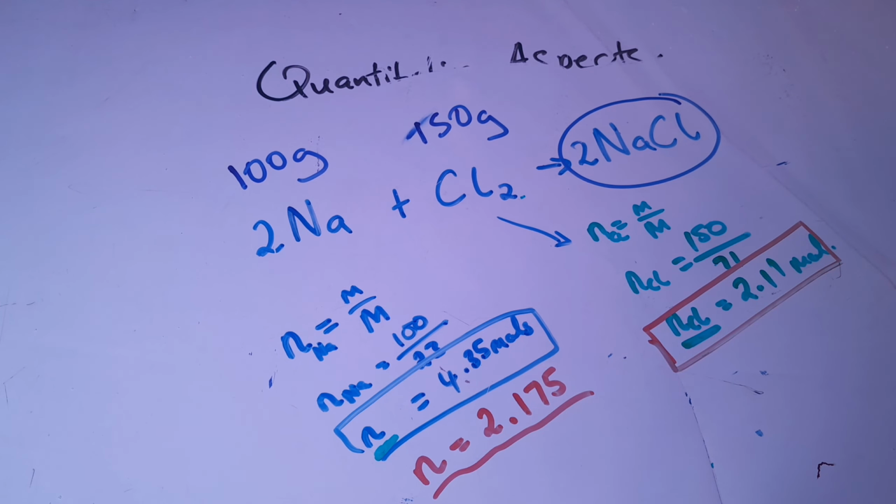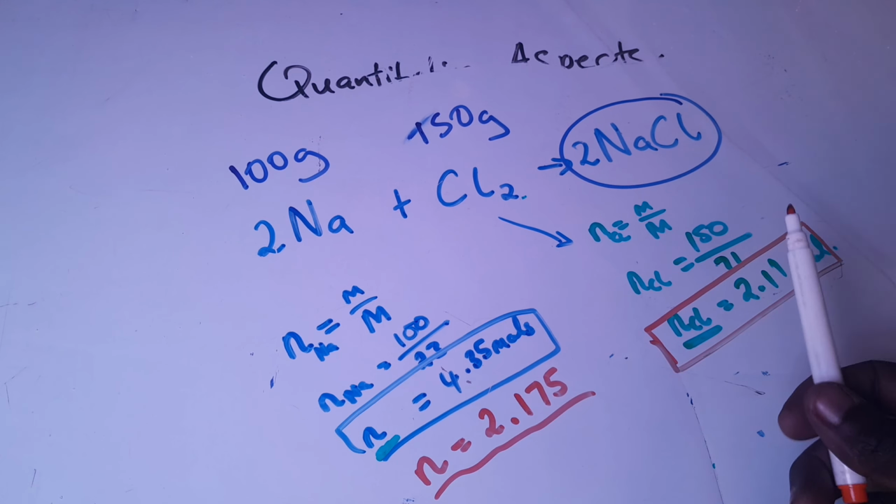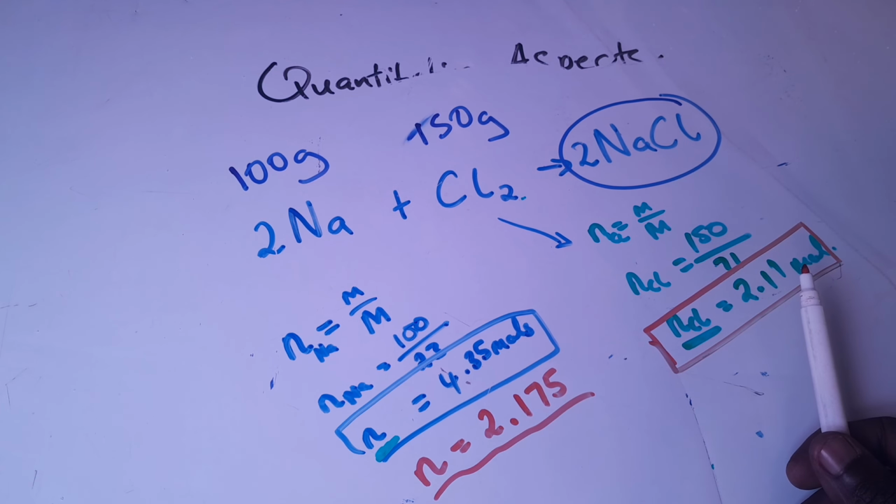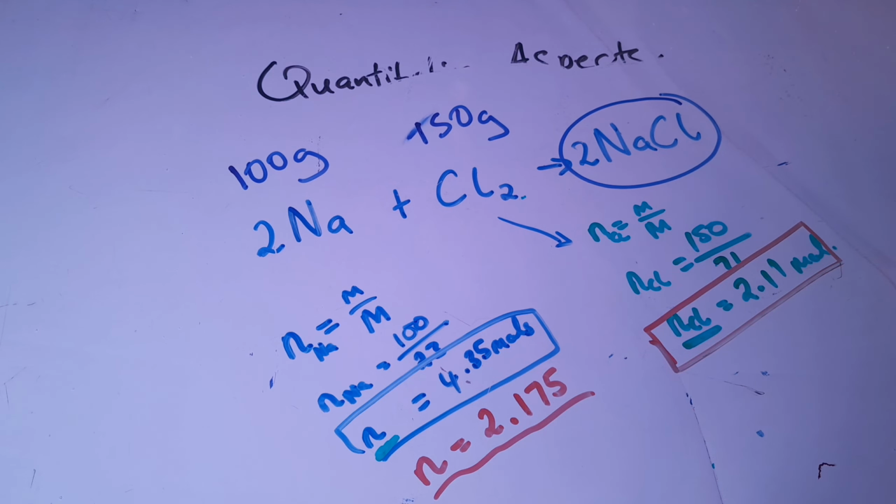So now after finding the limiting reagent, we can calculate whatever we need to calculate, right? The most important thing is to find the number of moles, which one is the limiting and which one is the excess. If this is the limiting, it is the one that stops the reaction, because the reaction happens on a 1:1 number of moles.